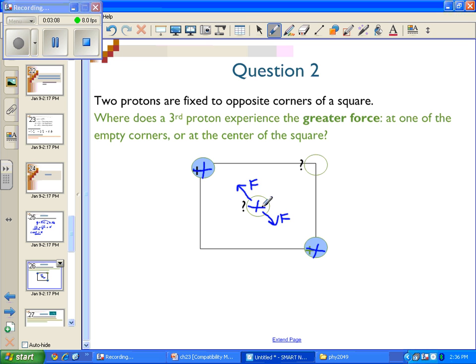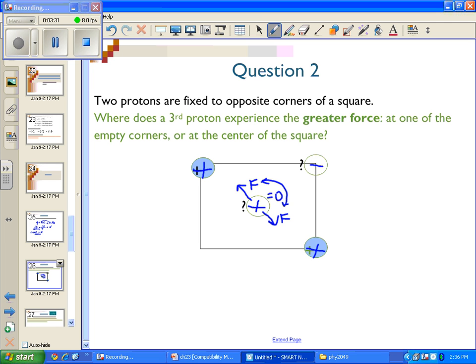The magnitudes of the forces are equal, and since they are opposite in direction, they add up to 0. So we certainly wouldn't want to put a proton at the center.